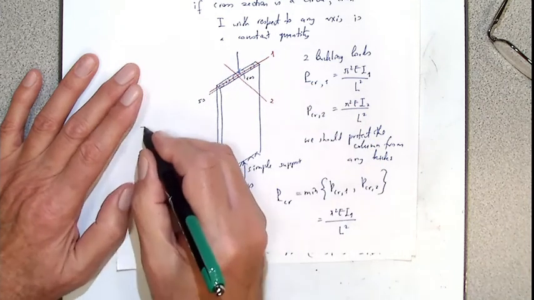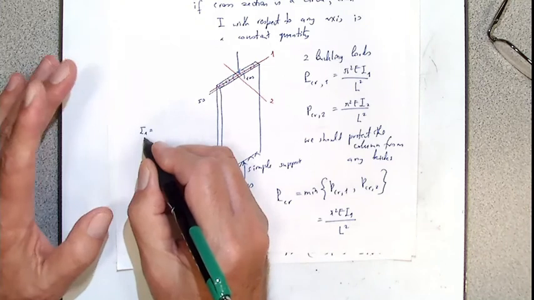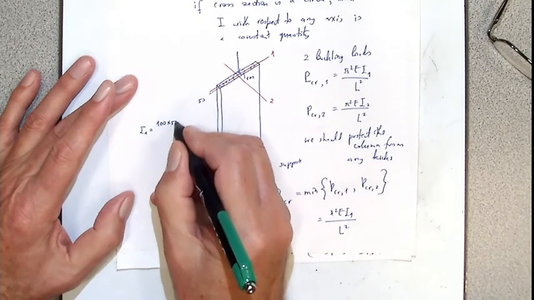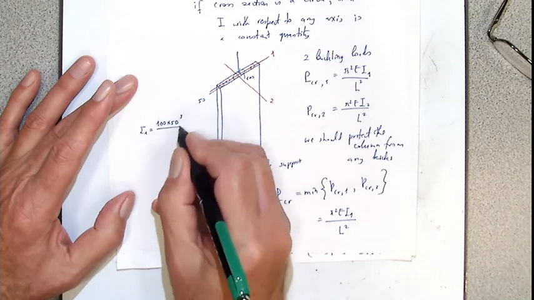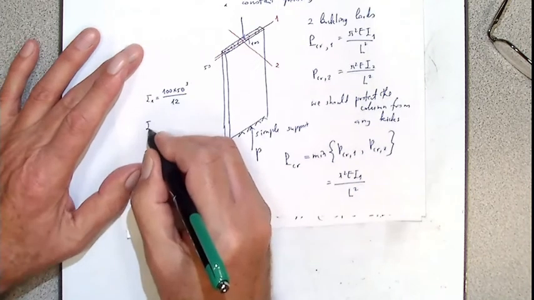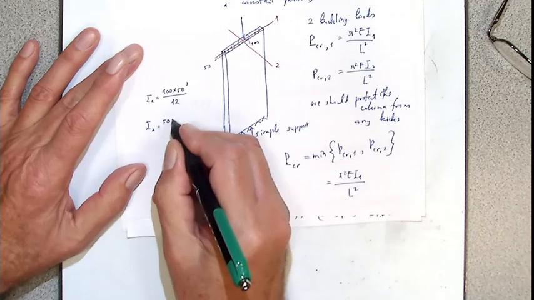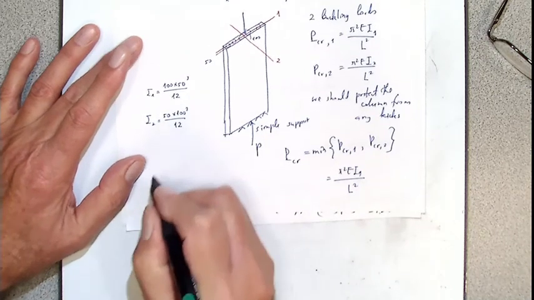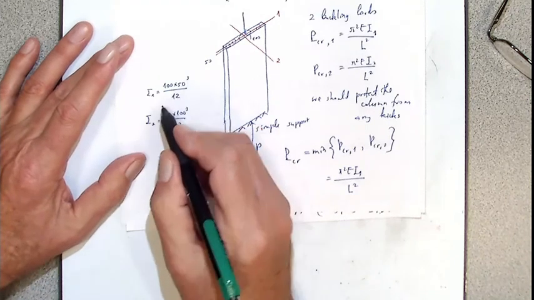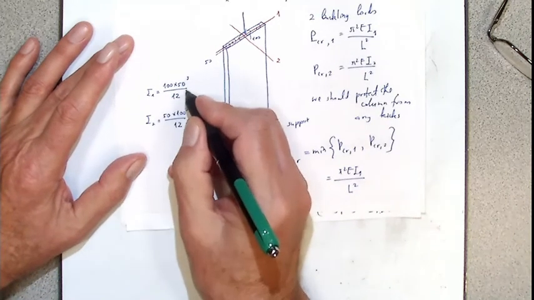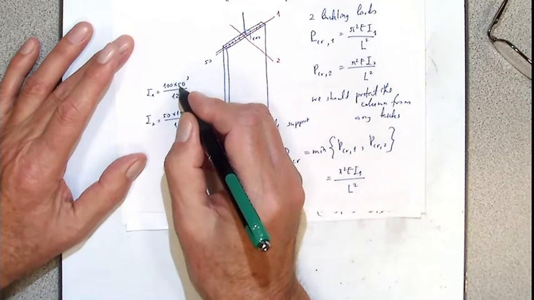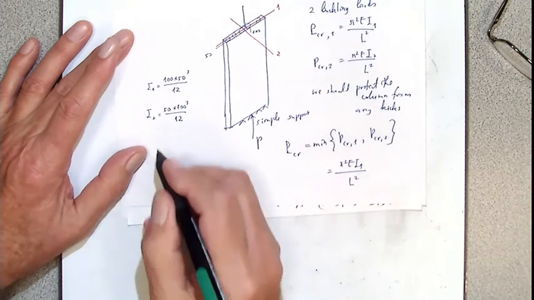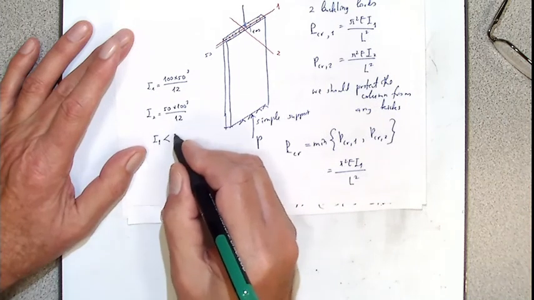So I1 will be 100 times 50 cubed divided by 12, and I2 will be 50 times 100 cubed divided by 12. Which one is smaller? This is smaller, of course, because I'm taking the cube. So the smallest in cube will be this. So I1 is smaller than I2.